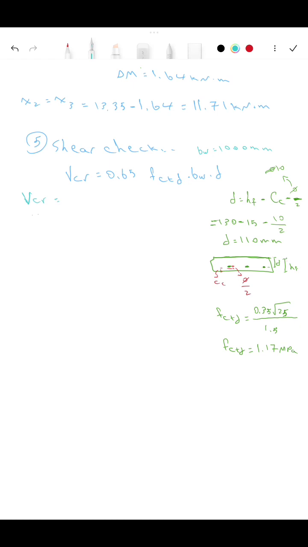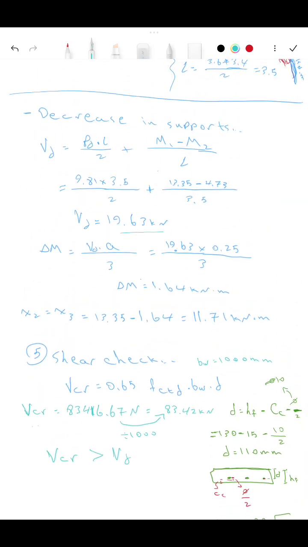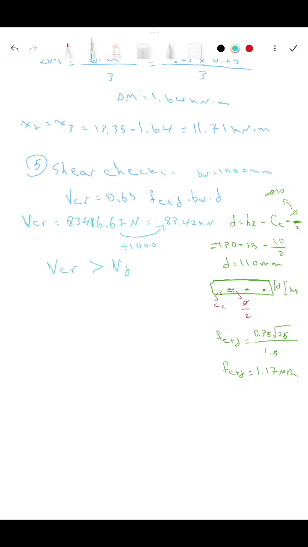And times D, which was 110. So the VCR equals 83,416.67 Newton. We convert this value into kilonewton by dividing by 1000, and it equals 83.42 kilonewton. VCR is bigger than VD. VD was 19.36, so VCR is bigger than VD, and we are done with this point.